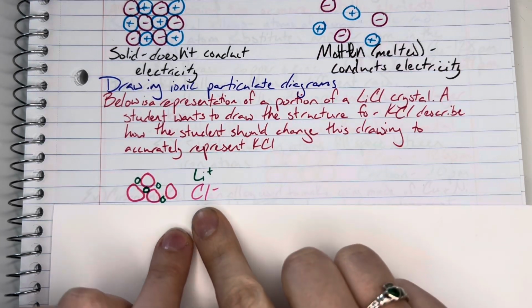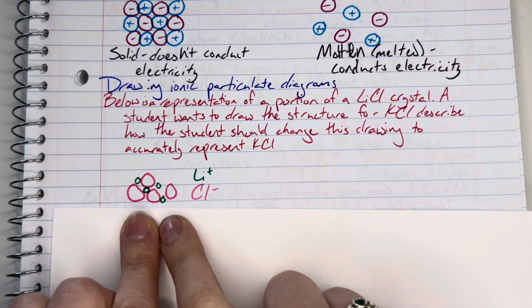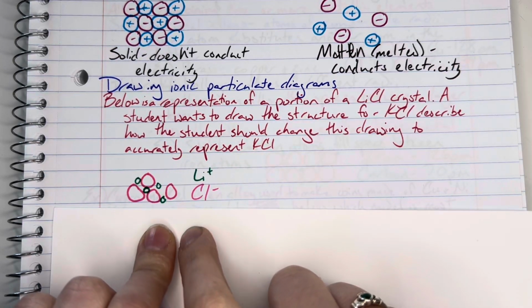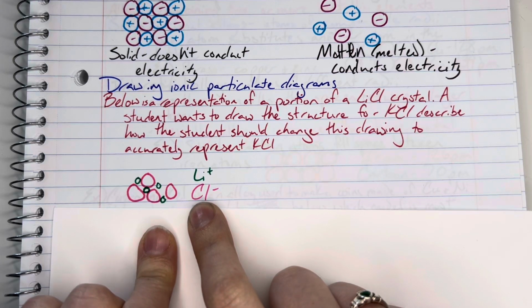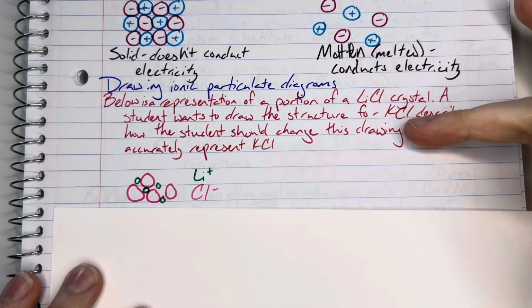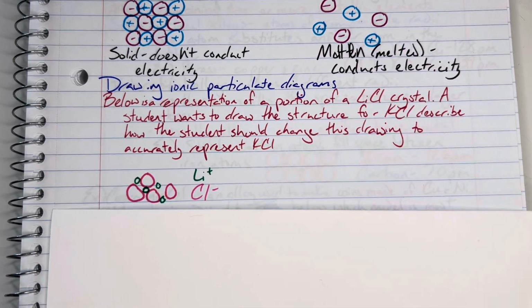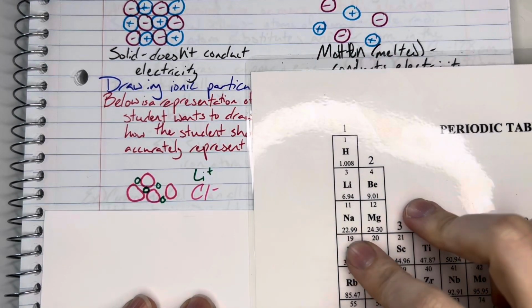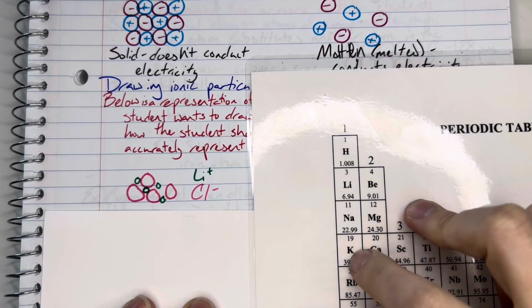So for the lithium chloride representation, again, we are looking for our cations to not touch other cations, anions to not touch other anions, and to have a relative size differential between my lithium and my chlorine. And if I were to be drawing the potassium chloride instead, I would look at the relative size differential between my lithium and my potassium.